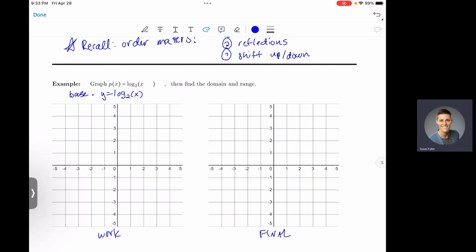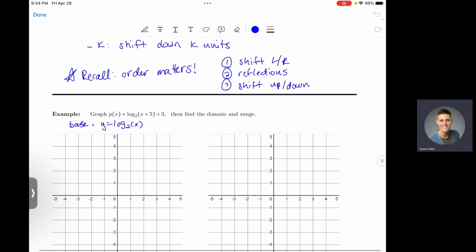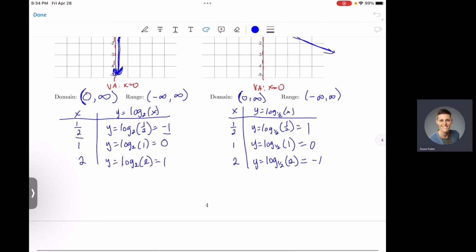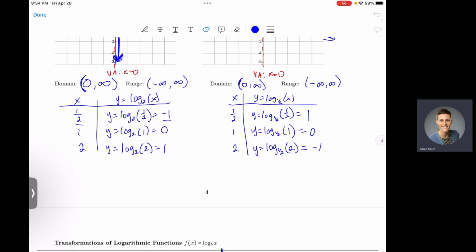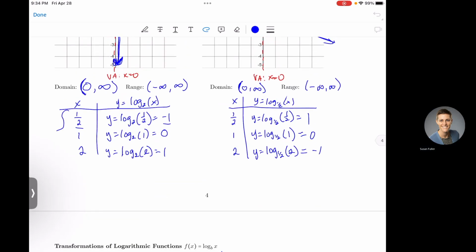That's our base graph. That tells us what the shape of this graph is going to be, and then we're going to do any transforming to that graph. So I'm going to put our function back up here. And so we're going to start with y equals log base 2 of x. That was one of these that we started out with up here. So we had these 3 points on that graph.